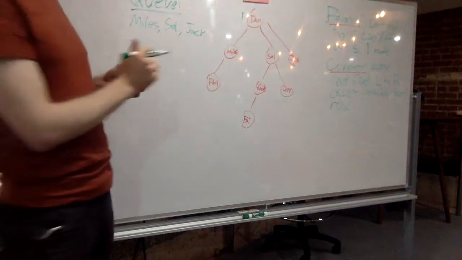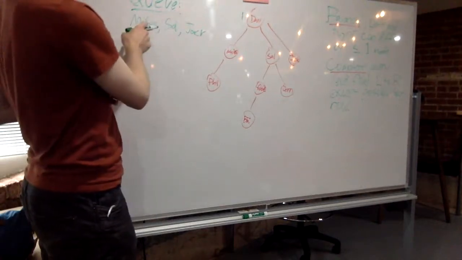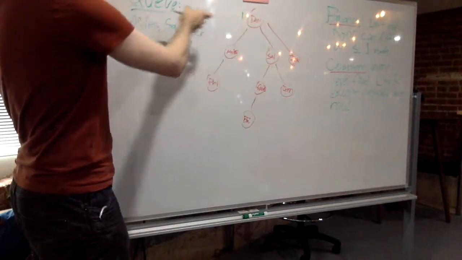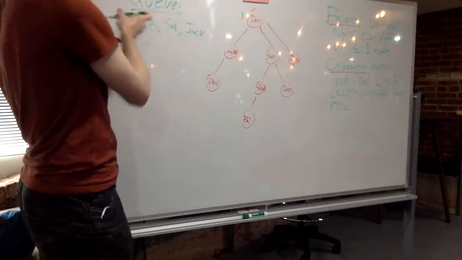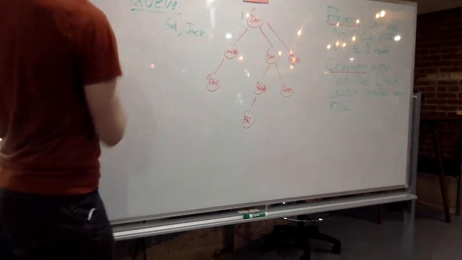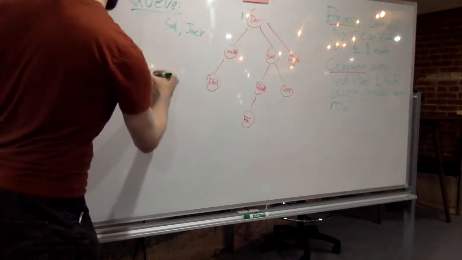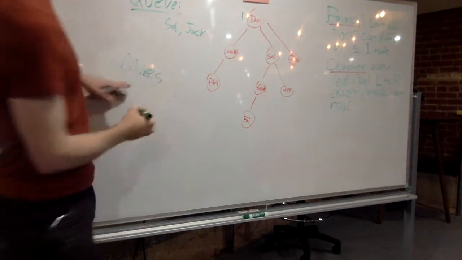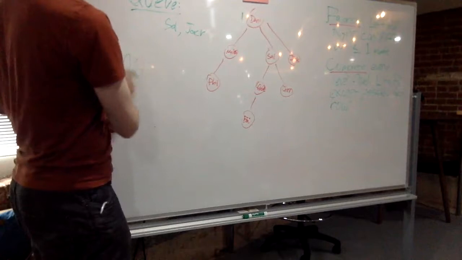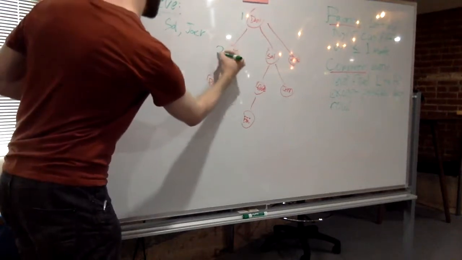So we repeat this. We take the first thing off the queue, because again, a queue is first in, first out. So we take Miles off the queue. Miles is down here for our consideration. We say, is Miles Jen? Nope, not Jen. So we've now visited Miles.